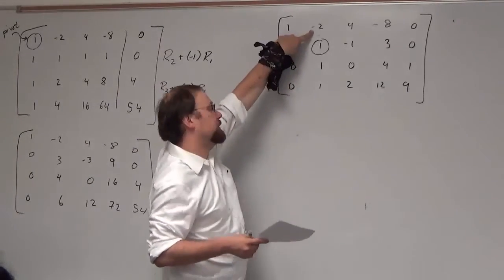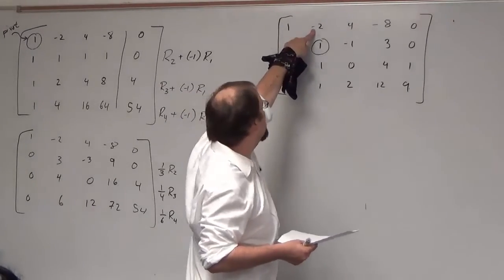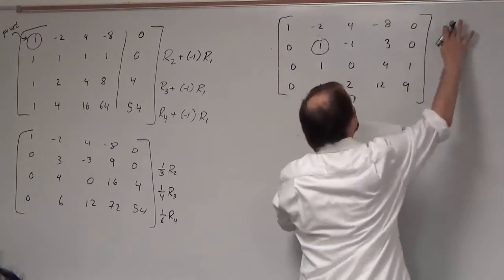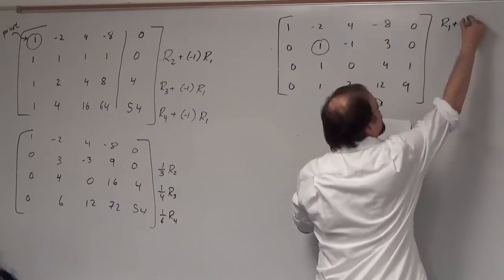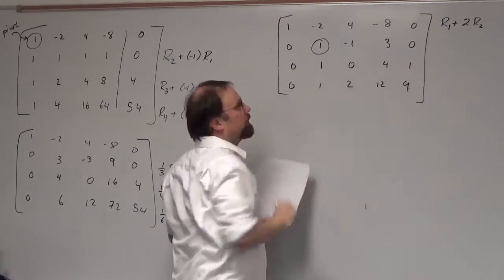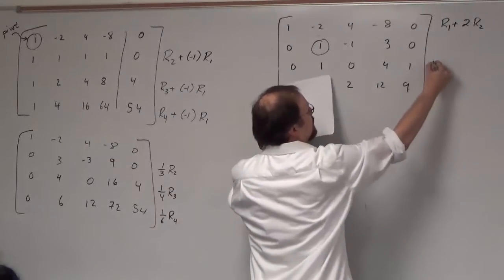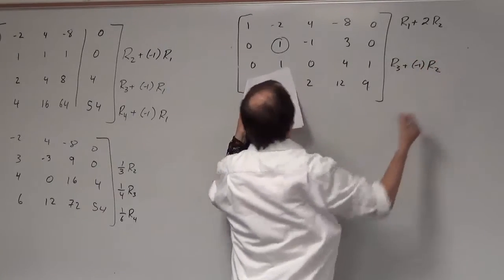To -2, I would like to add a 2 to get 0 over here. And we're just focusing on the second column to decide which row operation to use. So to row 1 we add 2 times row 2, because row 2 is the row containing my pivot. And to row 3 we add a negative row 2.